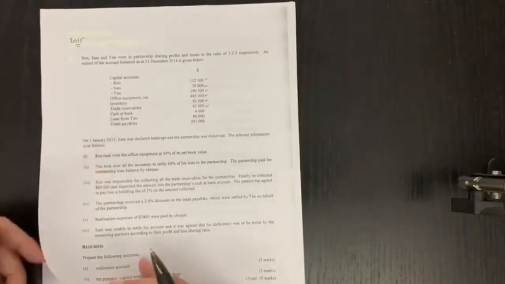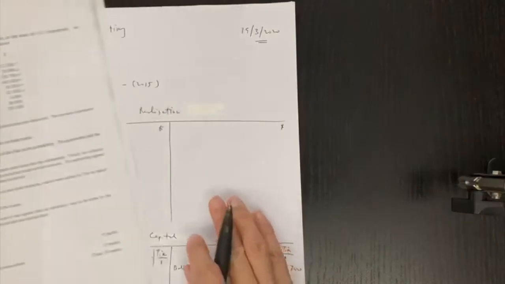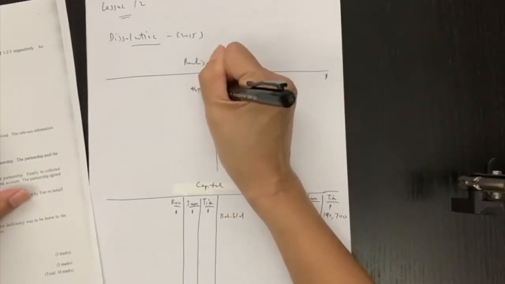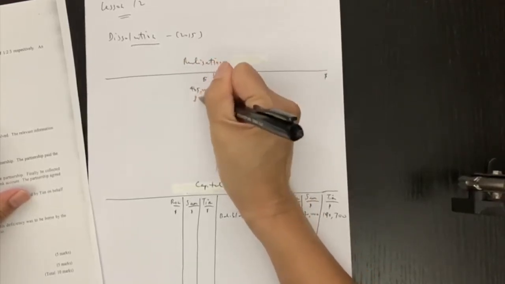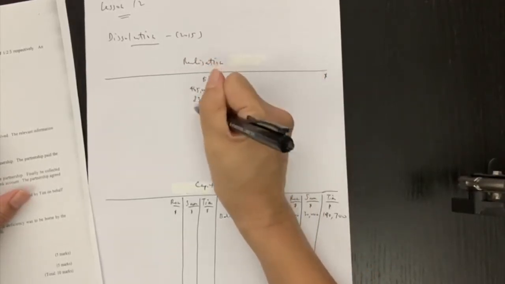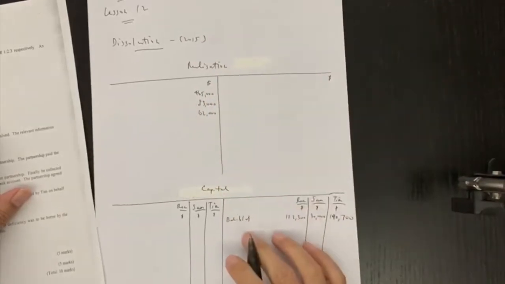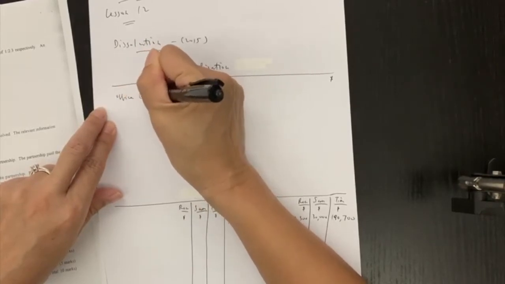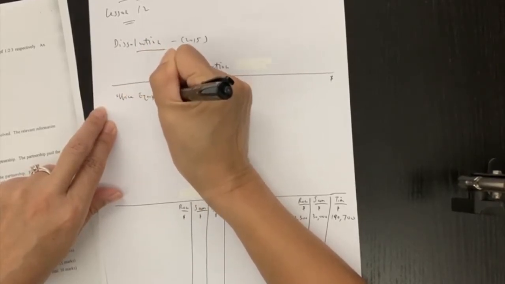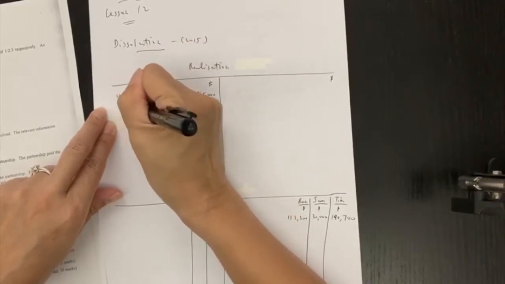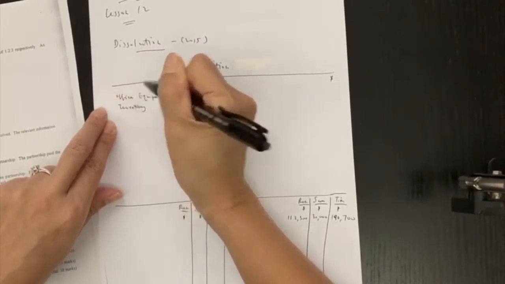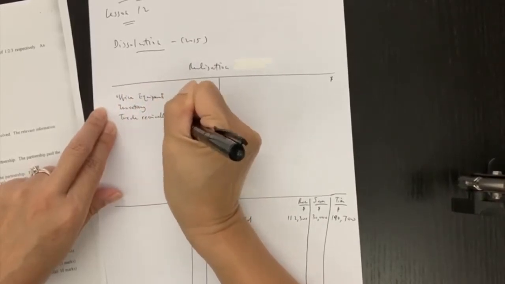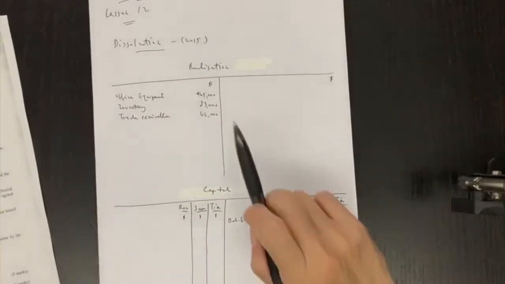To close it, it should be recorded on the debit side of the realization account, so I put 465,000, 83,000 and 62,000 for all these three things. And the last one is trade receivable, like that. Okay, so this is step number one.